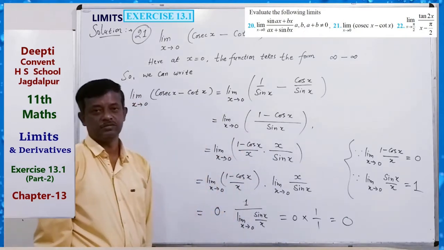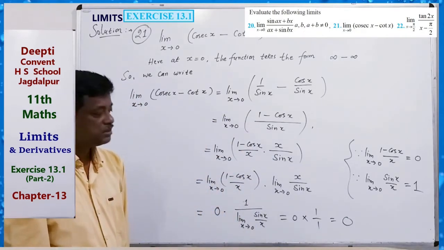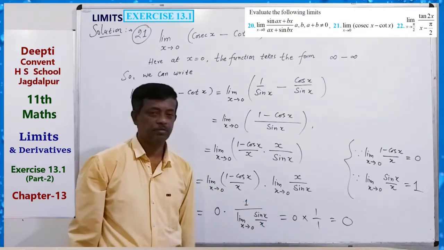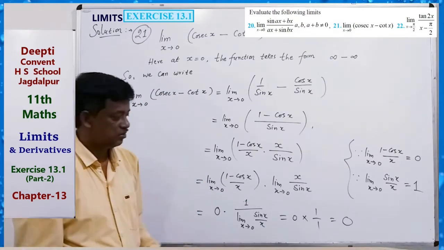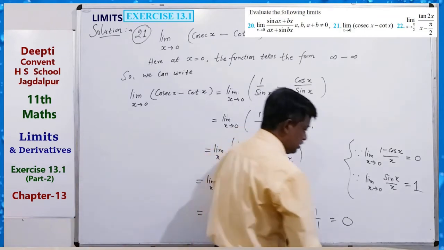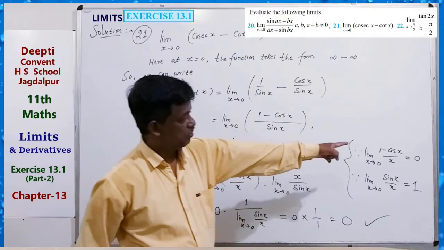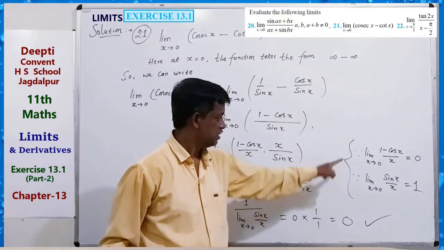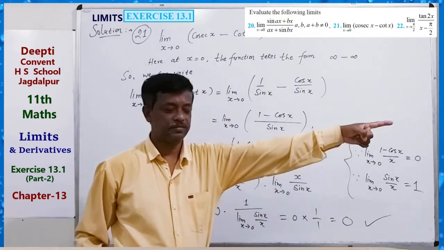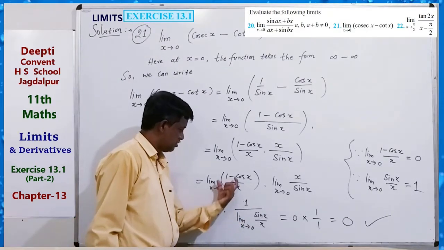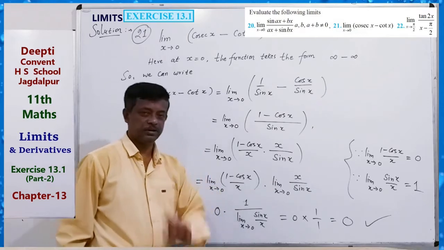So the limit is 0. Okay, 0 by 1, that is 0. So the limit is 0. So here the main thing is what? The formula: 1 minus cos x by x as x tending to 0 has limit 0, and this other limit is 1.